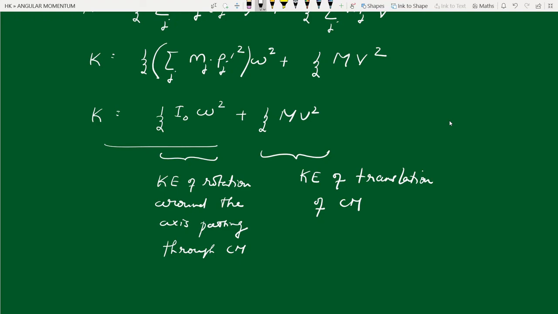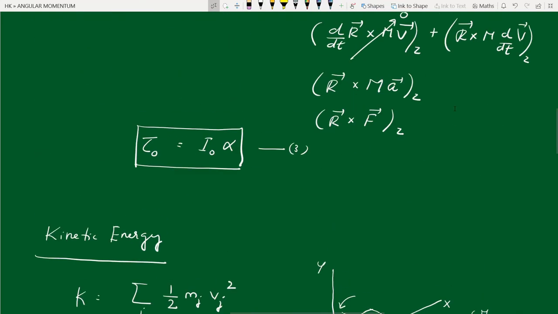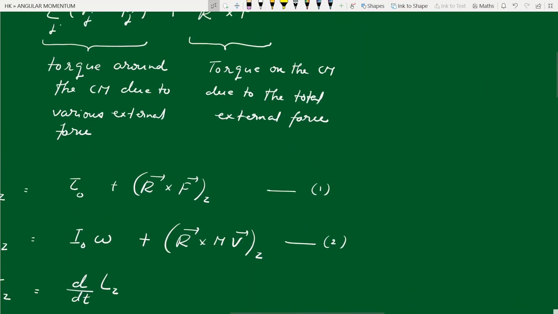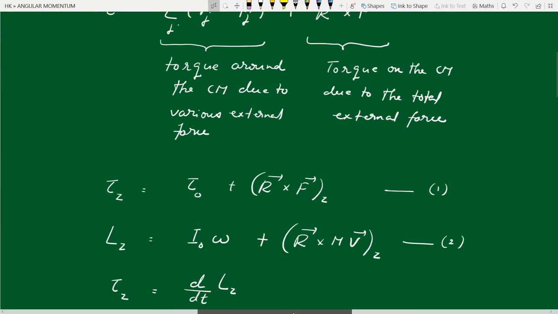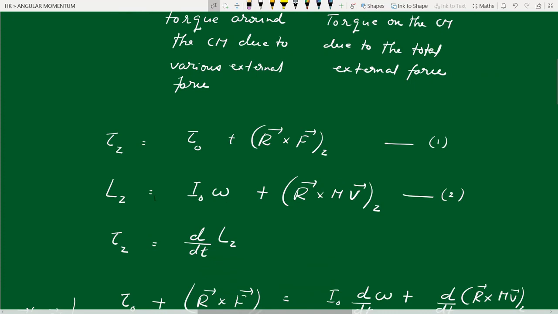Okay, so these three equations. Equation 2 is about angular momentum around the z-axis. This is expressed as two terms: angular momentum of rotation of the body around the center of mass plus angular momentum due to the translation of the center of mass.